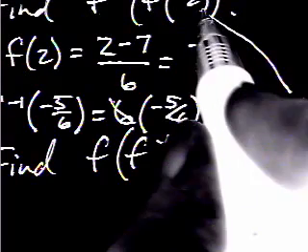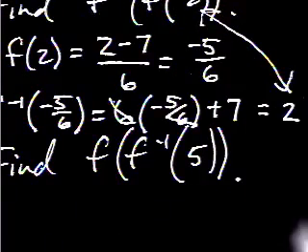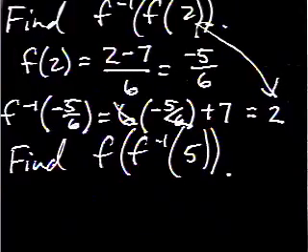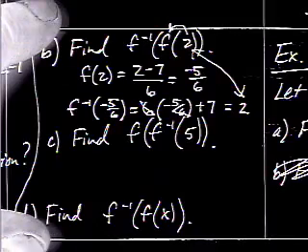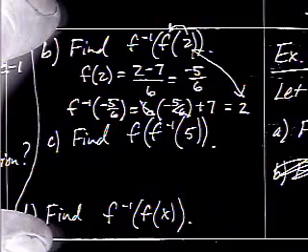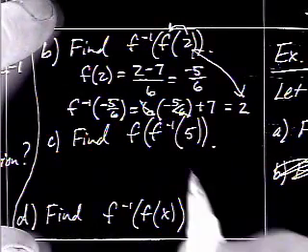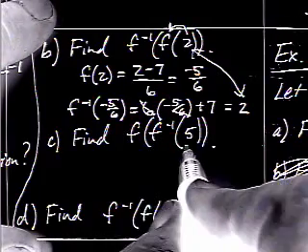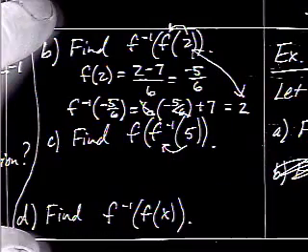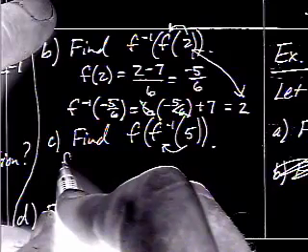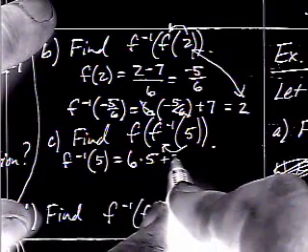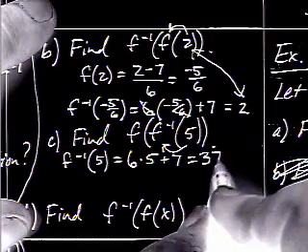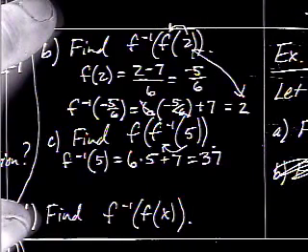I want you to notice something. I ended up with the same value that I started with. I know, super duper cool. That just means that these are inverses of each other. So try it again the other direction. Take 5 and plug it into f inverse. F inverse of 5 is 6 times 5 plus 7, or 30 plus 7, which is 37.